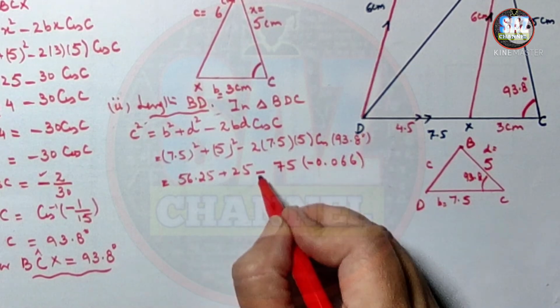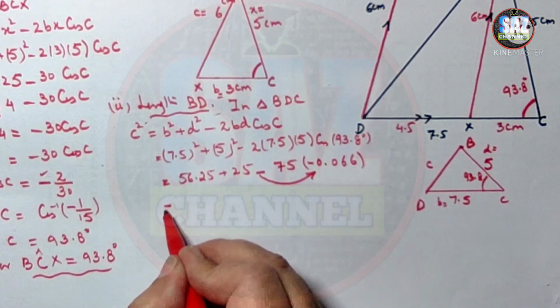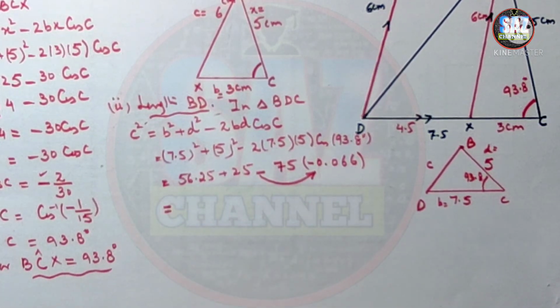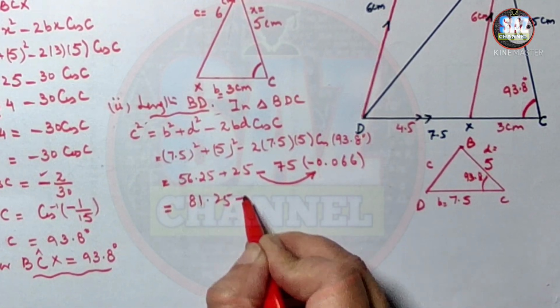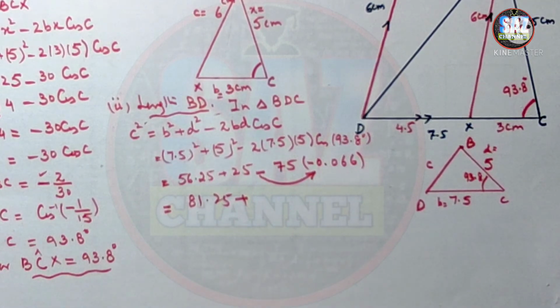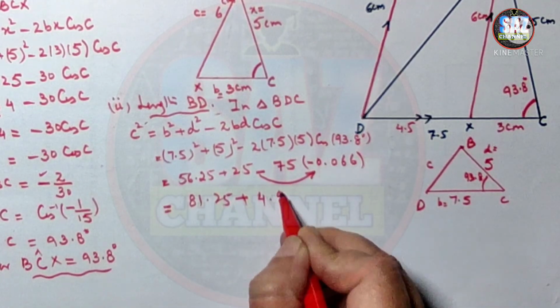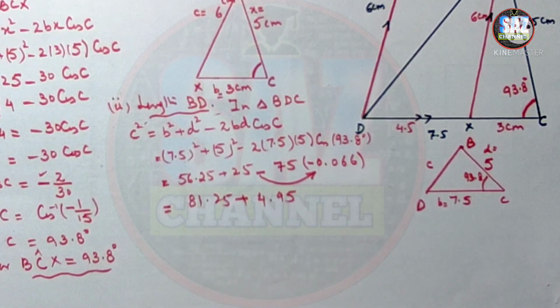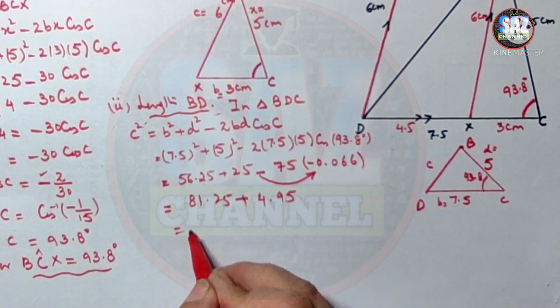Okay, now this minus will become positive after multiplication. 56.25 plus 25 is 81.25 plus 75 multiplied by 0.066, and this gives me 4.95. I have to add 81.25 to this answer. 86.2.